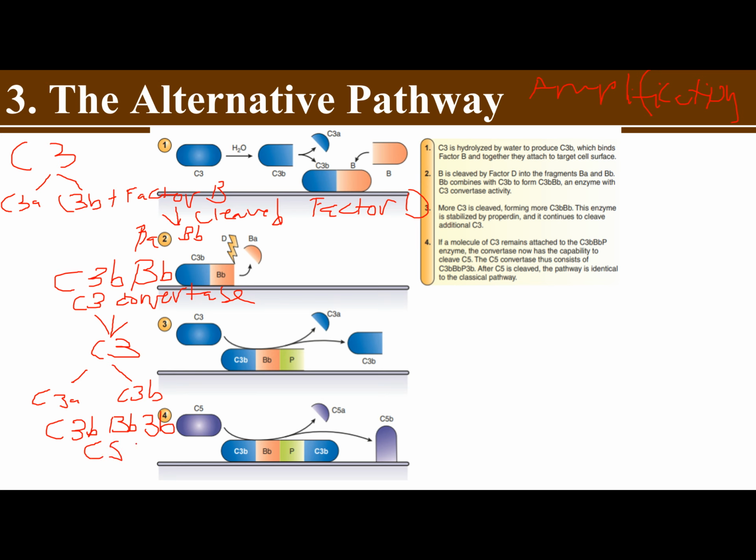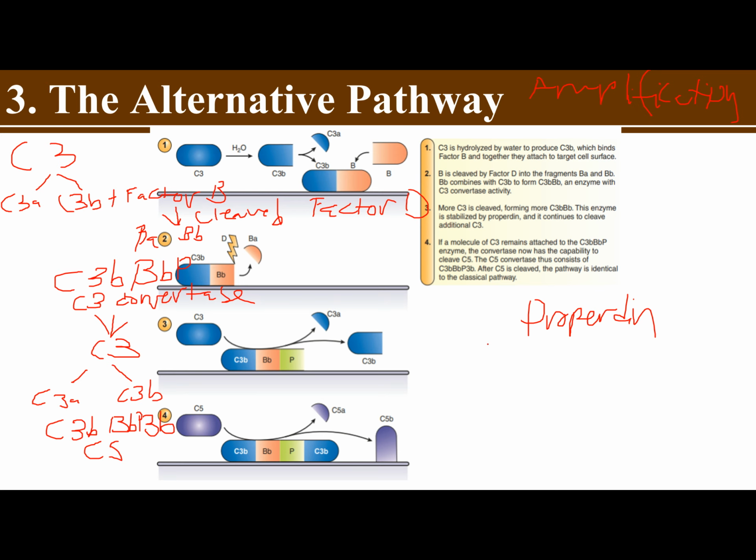Now, earlier, class, it was mentioned that properdin would stabilize your C3 convertase. Now, properdin would usually attach here after the BB, forming your C3B, BBP. Now, if you continue this with the C5 convertase, it would read as C3B, BBP, 3B. So that would now be your C5 convertase.